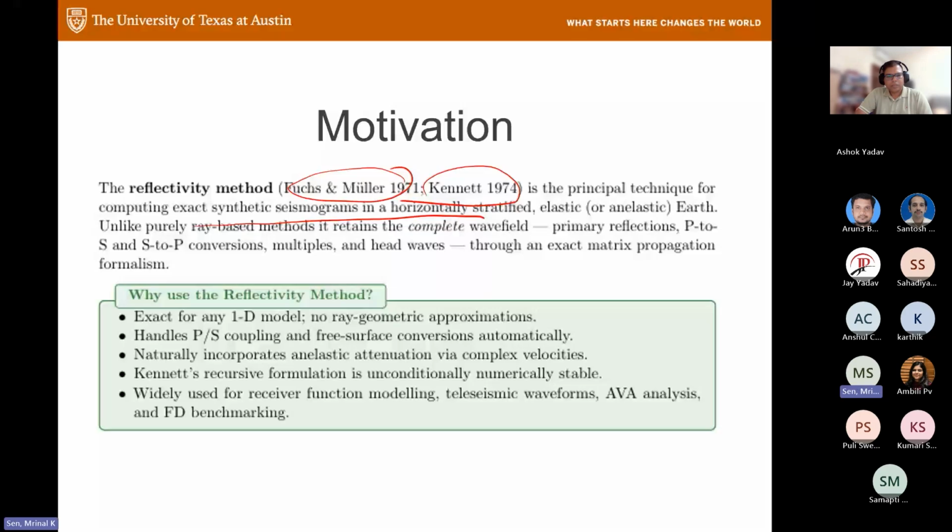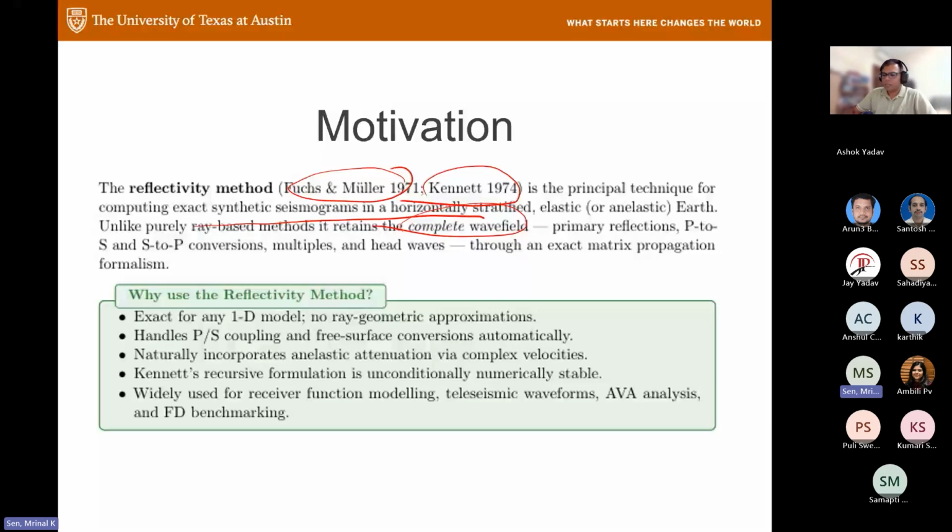So unlike the ray-based method where you are picking one ray at a time, this will give you the complete wave field. And again, I have not explained to you what a ray is, and I will do that in the next lecture. But until then, I assume that you all have the basic intuition about the ray, which is something we grew up learning from optics, right?